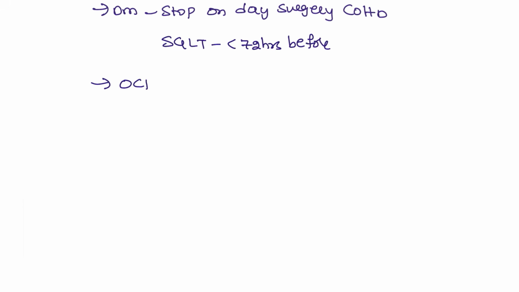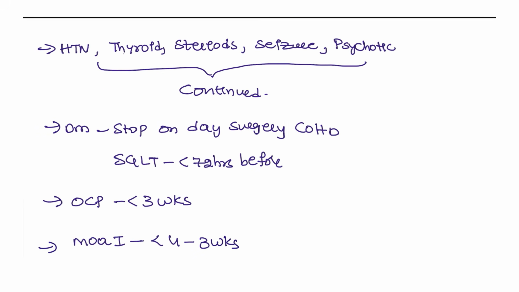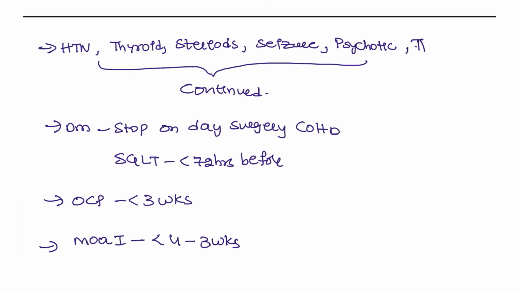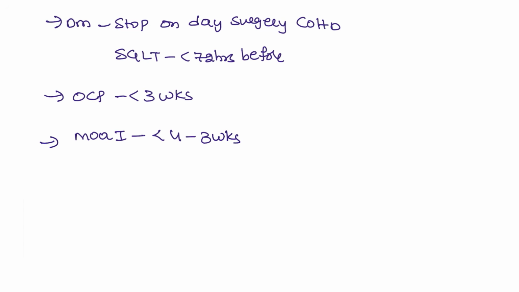Next, oral contraceptive pills. Less than 3 weeks, you have to stop them. MAO inhibitors are also stopped less than 3 to 4 weeks before. You have to stop OCPs and these drugs. And anti-tubercular therapy is also stopped immediately. Sorry, it can also be continued.